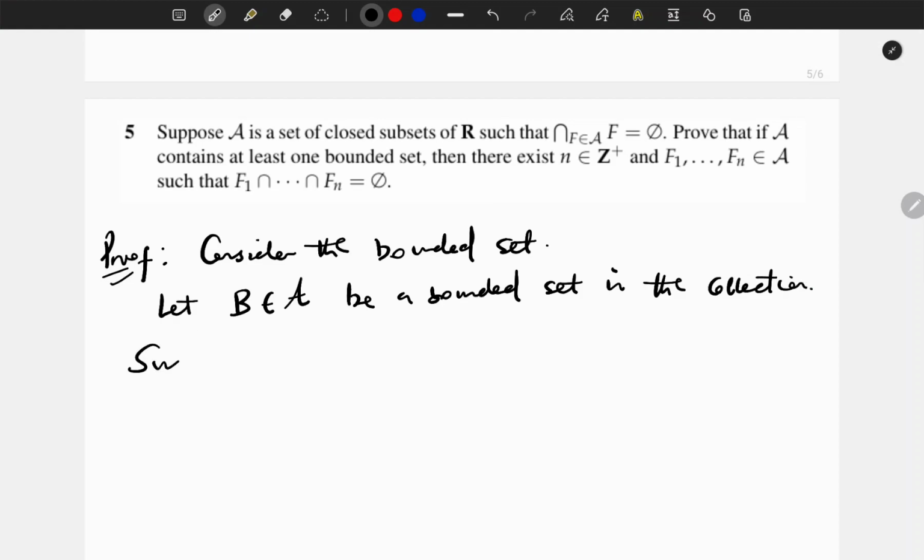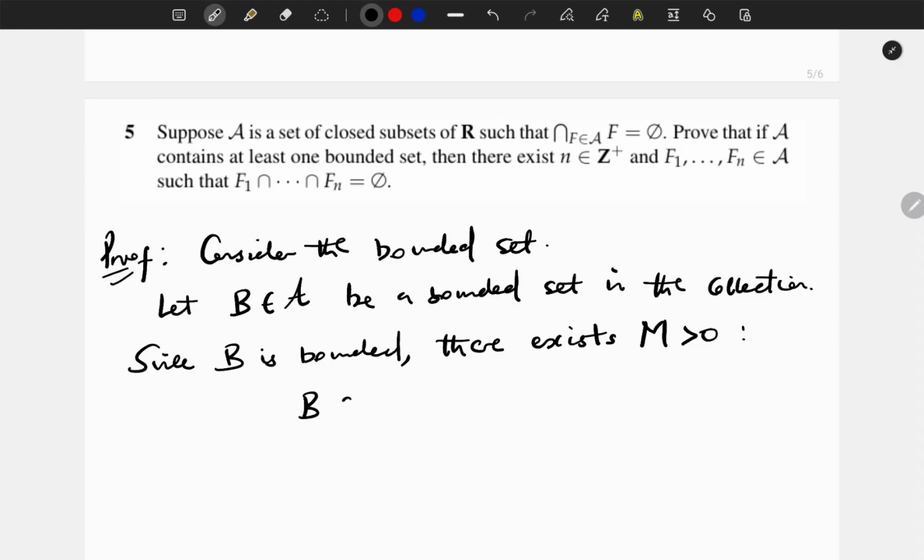So since B is bounded, by definition of a bounded set, there exists an M greater than 0, such that B is contained inside the interval [-M, M]. So let's consider the complement set now.